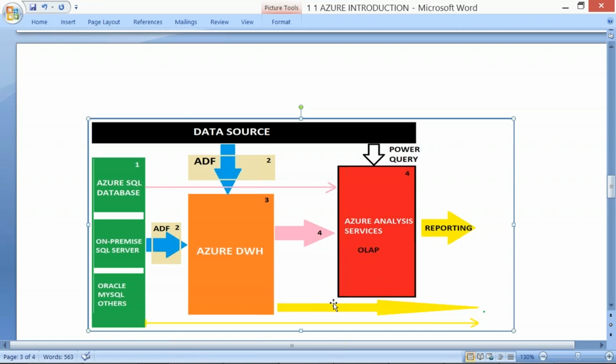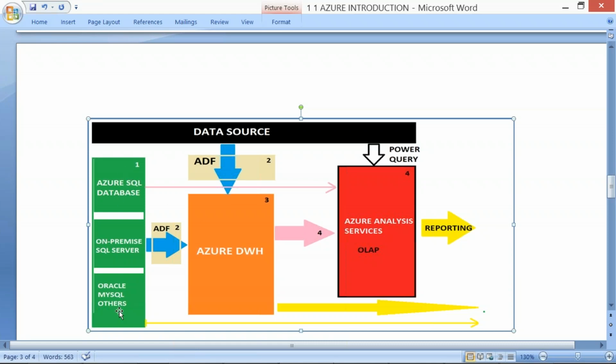Each of them has its own advantages. We can generate reports out of regular OLTP data for active or live reporting, warehouse for historical reporting, or analysis services with the advantage of pre-calculated values, pre-calculated aggregations for faster reporting of huge data, generally in terabytes.